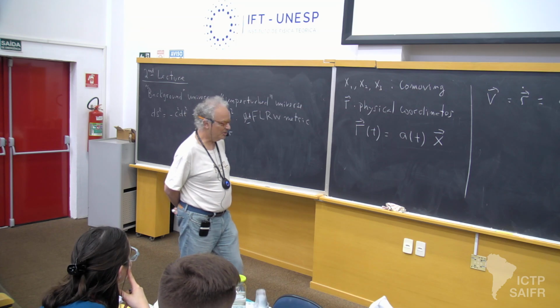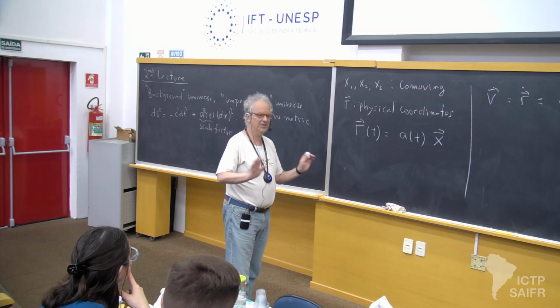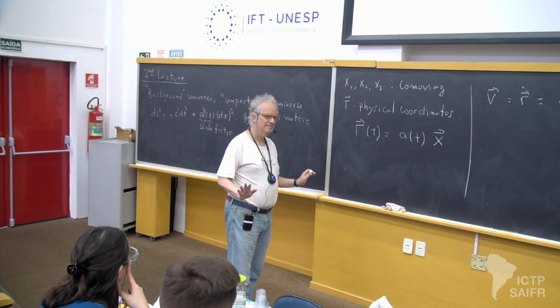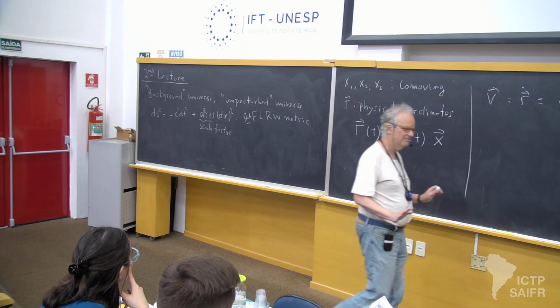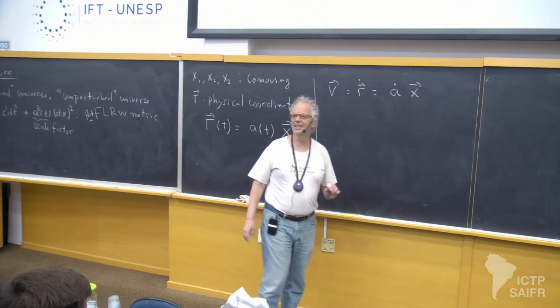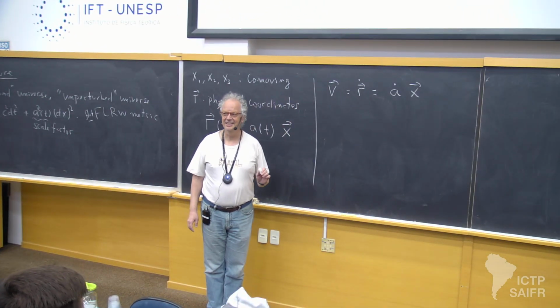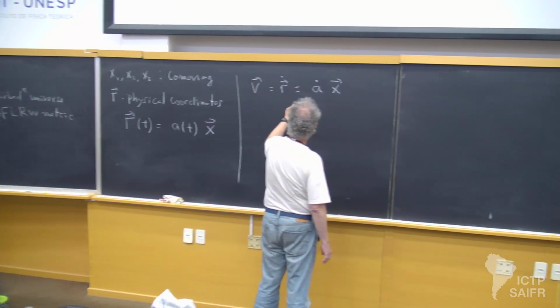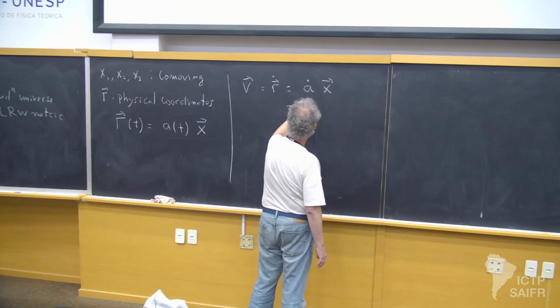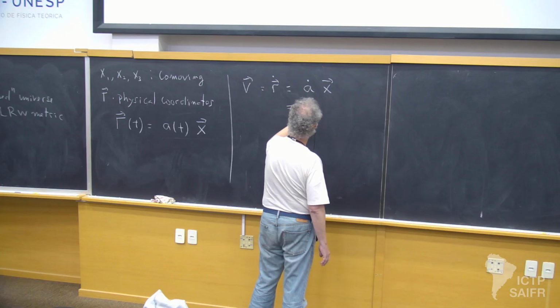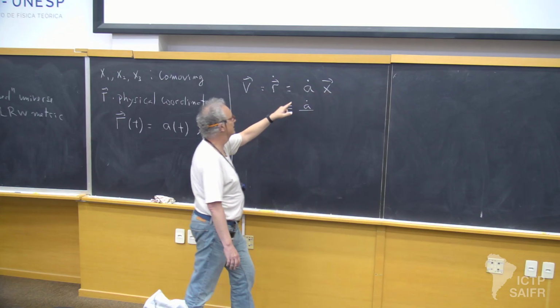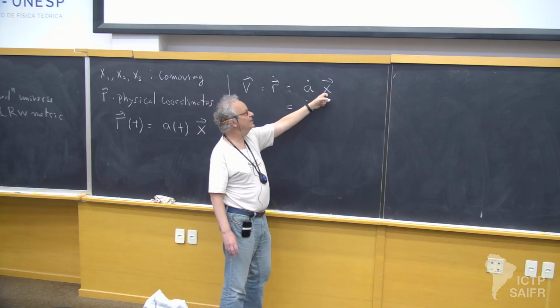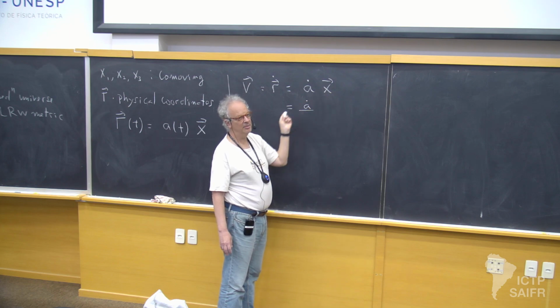I'm assuming that the only velocity of the object is because of the expansion of the universe. That's the assumption. Any other questions? Sorry if this is a bit basic, but that's okay. So I can write this comoving coordinate as the physical coordinate divided by the scale factor.